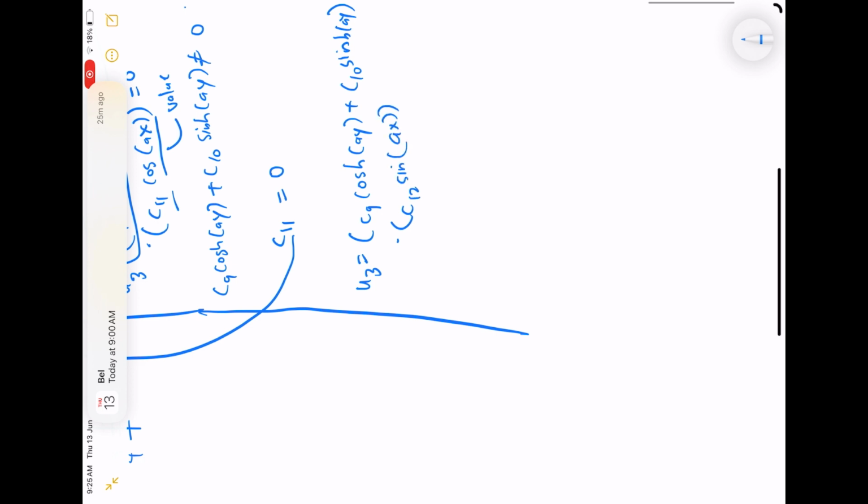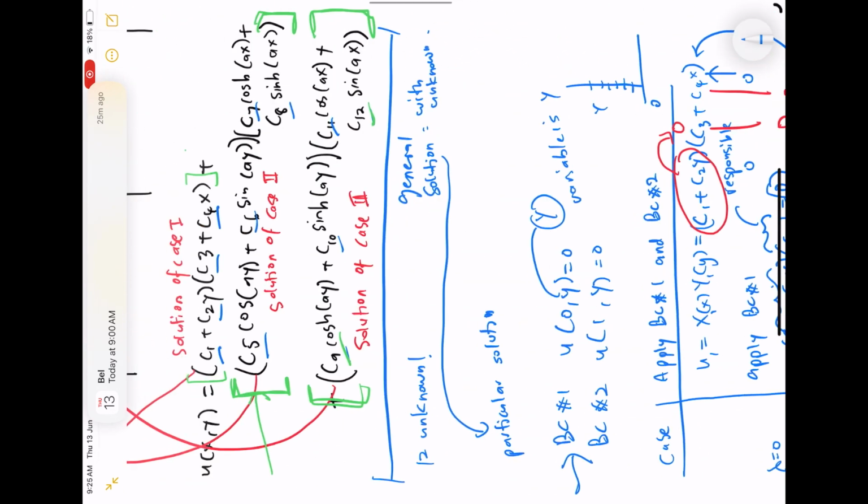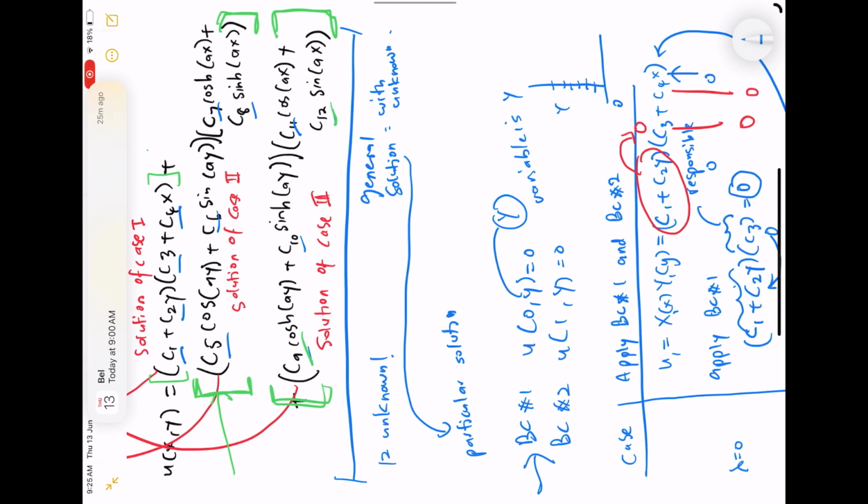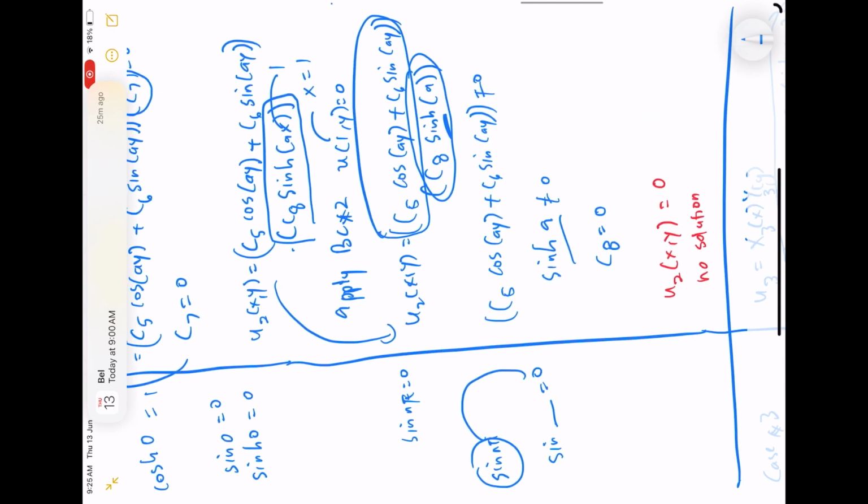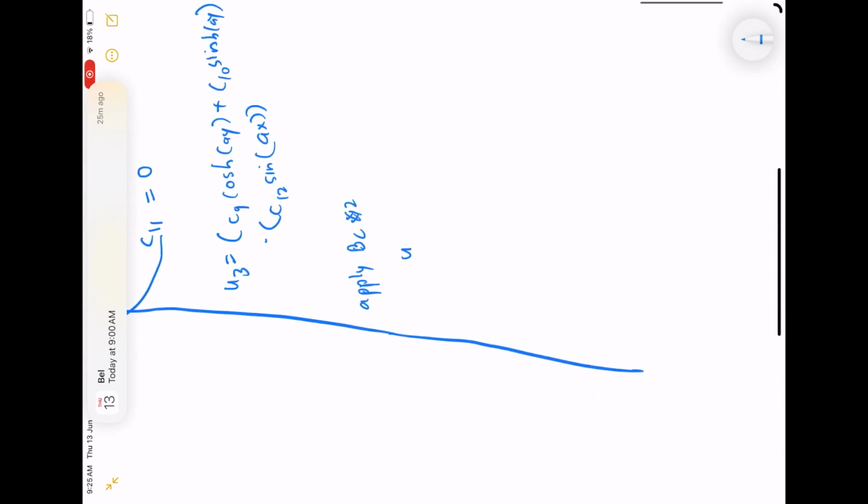What to do next is applying the next boundary condition. Apply boundary condition number 2, which is u1y equal to 0. So here our x will become 1, y is the variable.